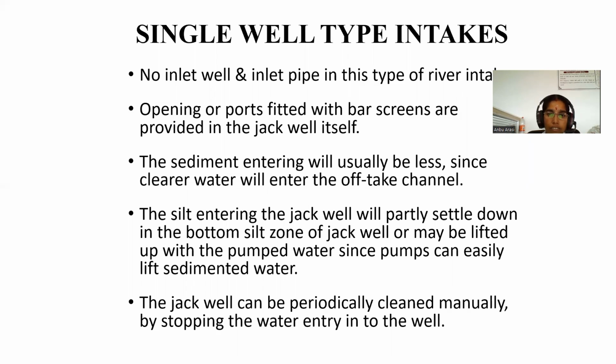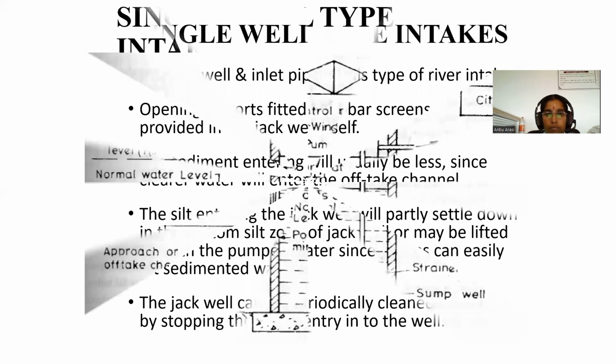The silt entering the jack well will partly settle down in the bottom silt zone of the jack well or may be lifted up with the pumped water, since pumps can easily lift sediment-laden water. The jack well can be periodically cleaned manually by stopping the water entry into the well.